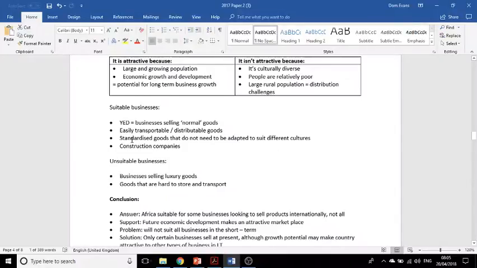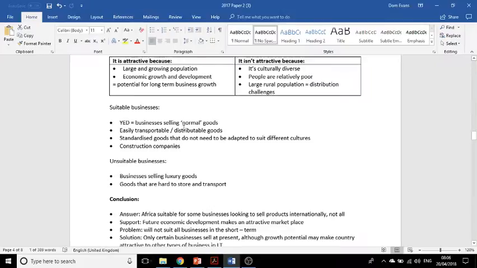Maybe selling standardized goods that don't need to be adapted to suit different cultures. Clothing can differ from culture to culture. Books might need to be translated into different languages. And because of the economic development, construction companies might find it a good place to set up.